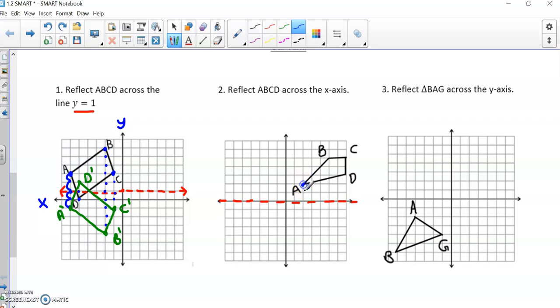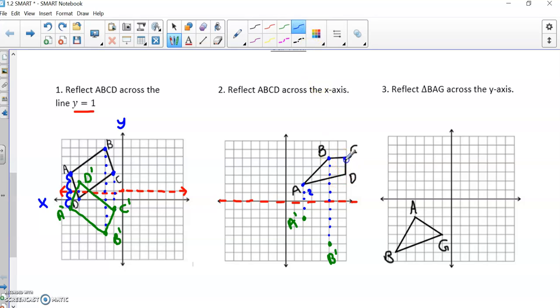A is 1, 2 away, so we're going to go 1, 2 the other direction, and that's where we'll place A prime. All right, again, point B, we go 1, 2, 3, 4, 5. We'll go 1, 2, 3, 4, 5 in that direction. B prime.